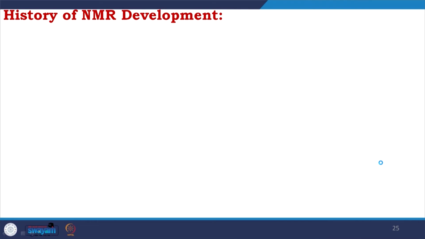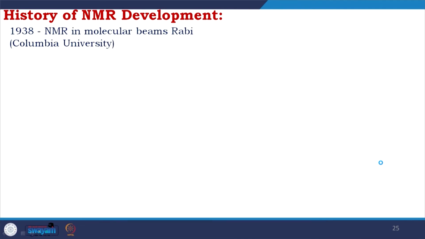But before going to NMR hardware, I would also like to give you a brief history of how NMR as a technique developed. In 1938, NMR in molecular beams by Rabi from Columbia University, who first took the NMR setup and NMR signal.